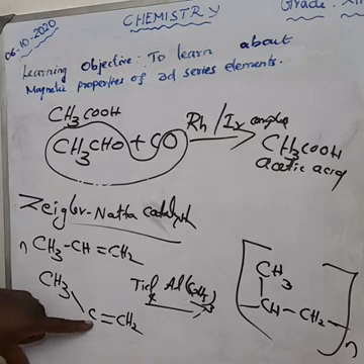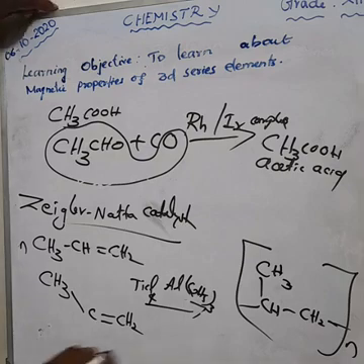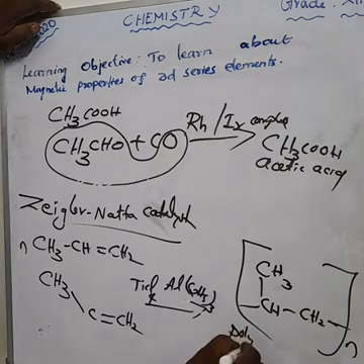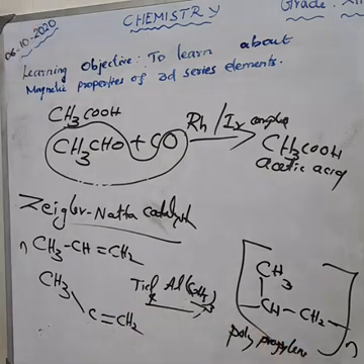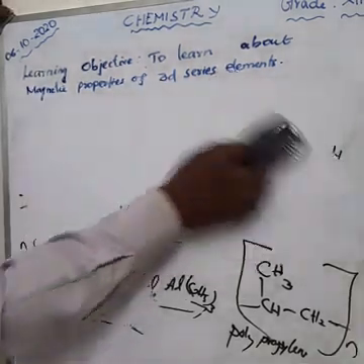Here the double bond is broken and converted to a single bond. We get polypropylene. Polypropylene.